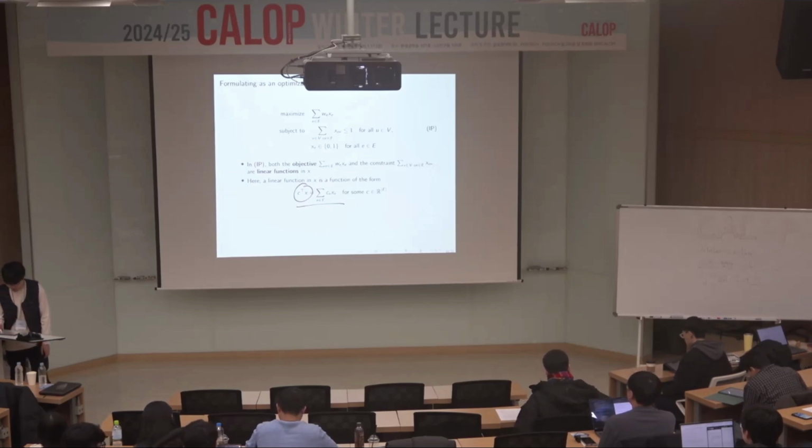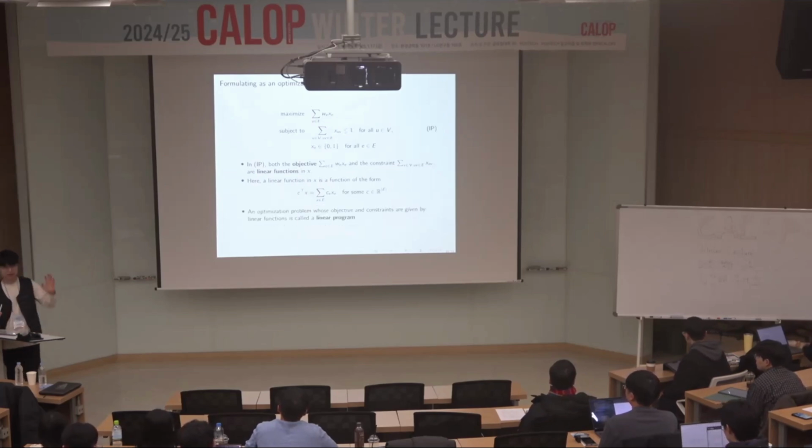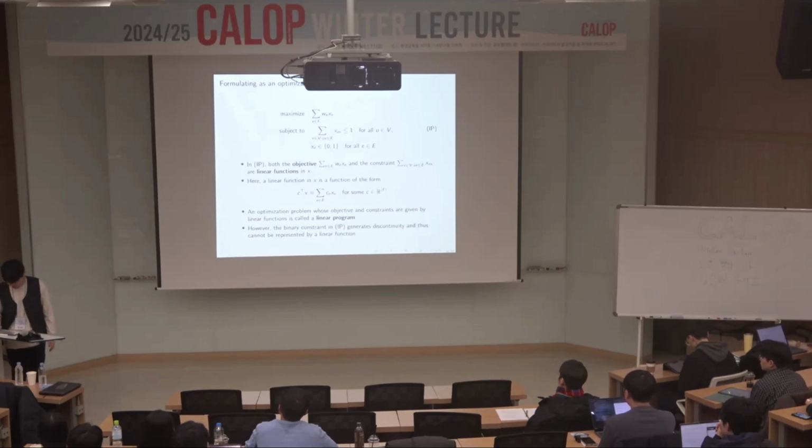Now you know that this is the weighted sum of variables, and also the constraints have summation of variables, so they are linear functions. If your optimization problem consists only of linear functions, then the corresponding optimization problem is called a linear program. But this is not a linear program because we have this binary constraint that assigns a discontinuous value to the variable.